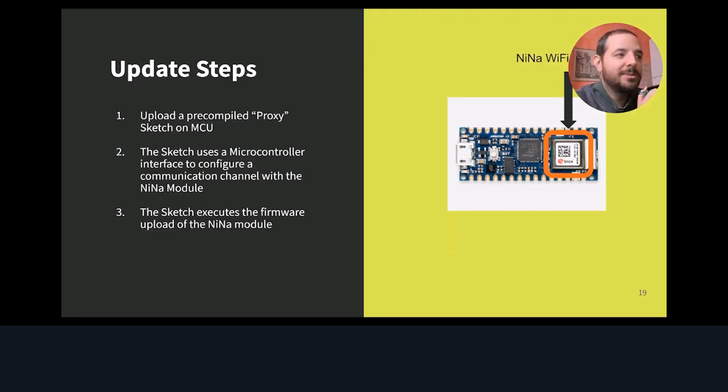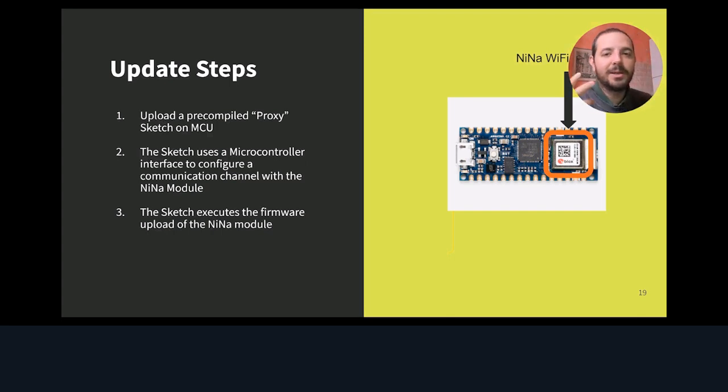Then the sketch on the microcontroller configures a serial interface, a communication channel with the module itself. So they are allowed in this case to speak to each other, because some of the pins of the Nina module are directly connected to the other microcontroller, obviously, for communicating.